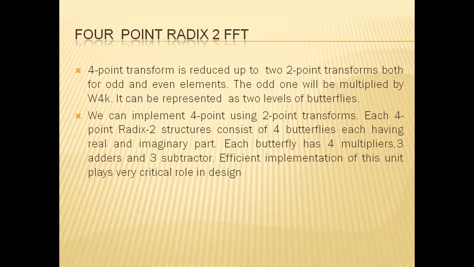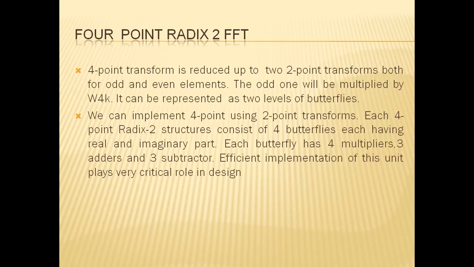The odd one will be multiplied by W4K, and it can be presented as two levels of butterfly. We can implement the 4-point using the 2-point transform. The 4-point reduces to a structure consisting of 4 butterflies, each having real and imaginary parts. Each butterfly has 4 multipliers, 3 adders and 3 subtractors.